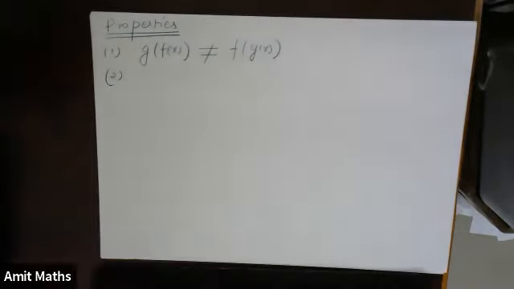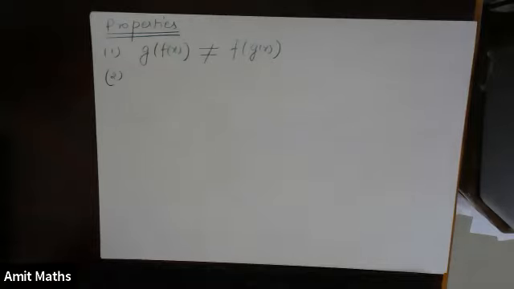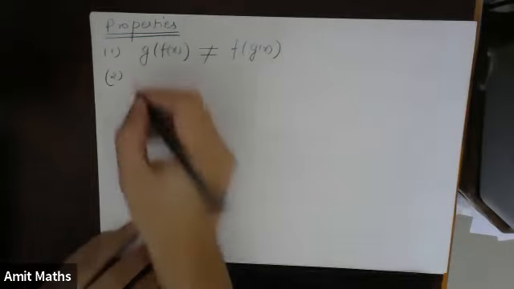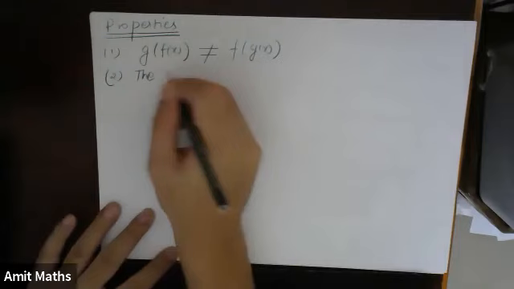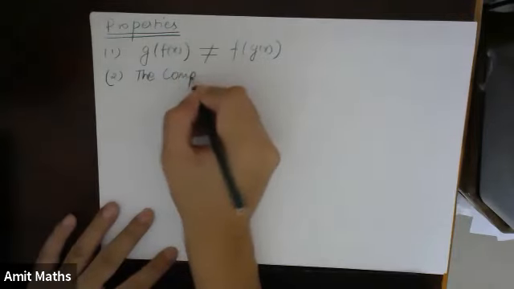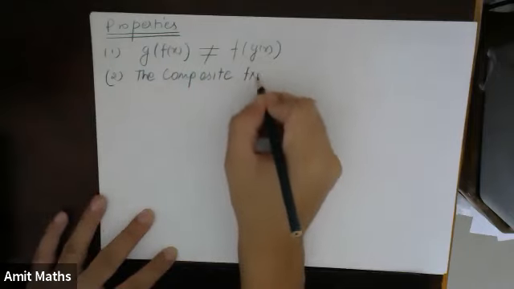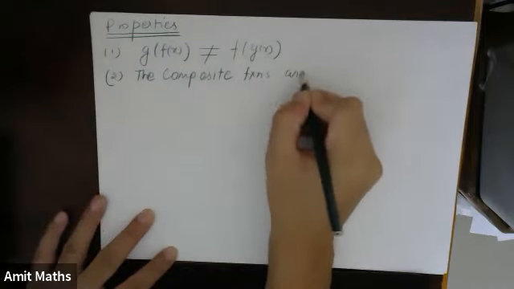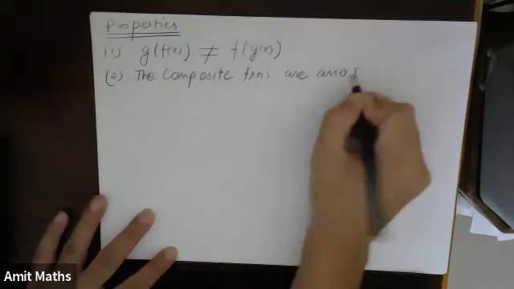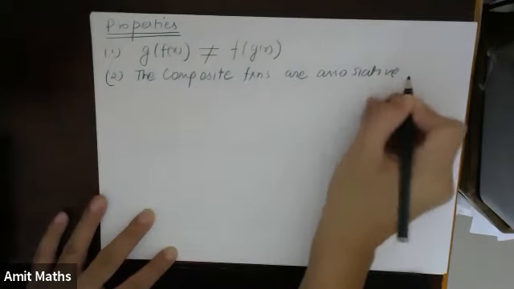Fine. The second property is that composite functions are associative. What does this mean?